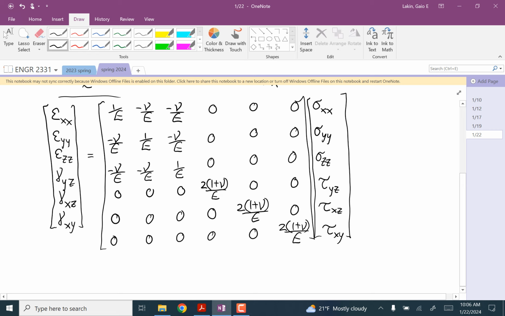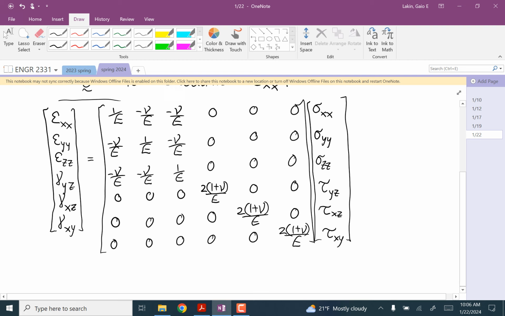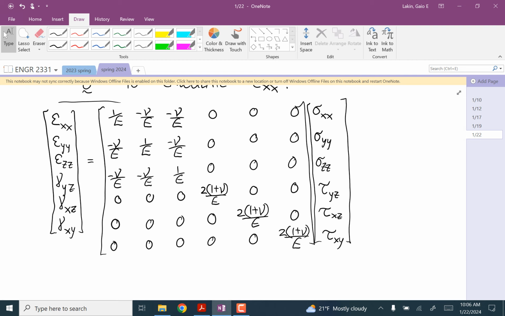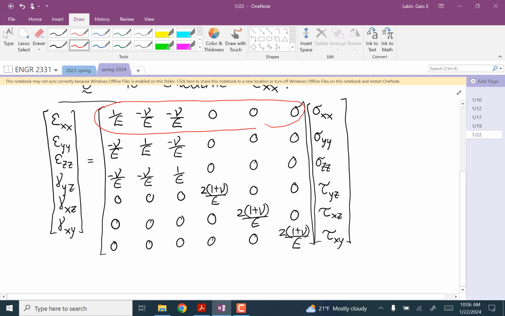Okay. So now, in order to figure out the stress dependence that you have to calculate EXX, let's just do that matrix multiplication. Remember that the way this works is we're going to take a dot product of this and this to calculate that EXX.